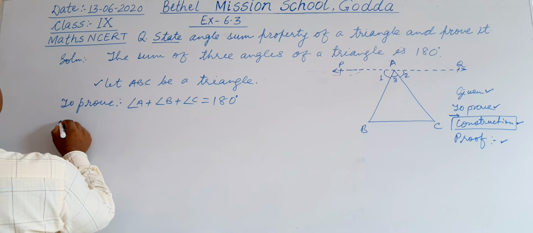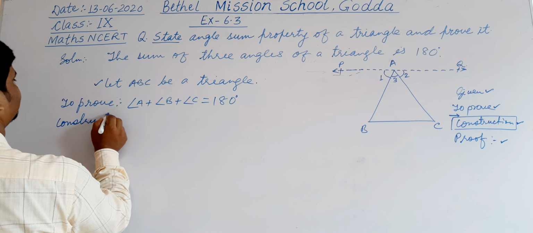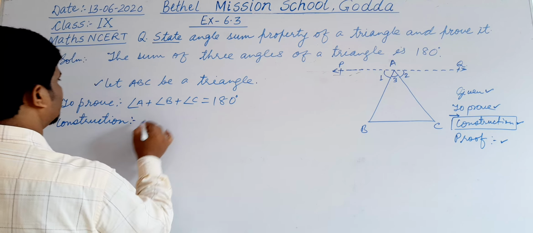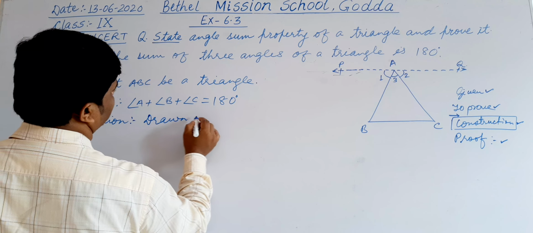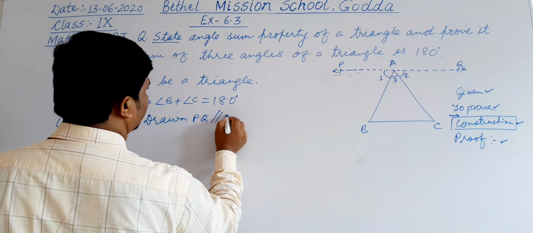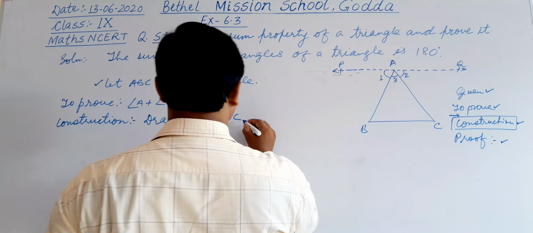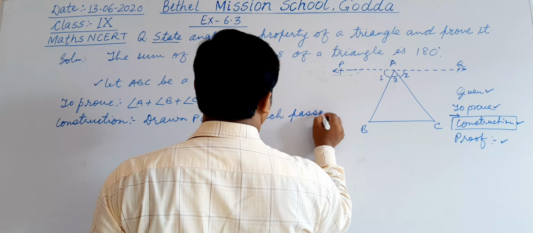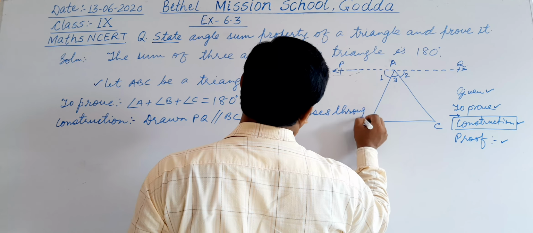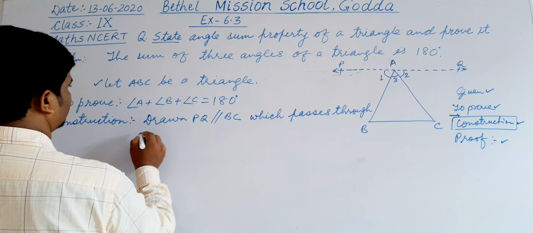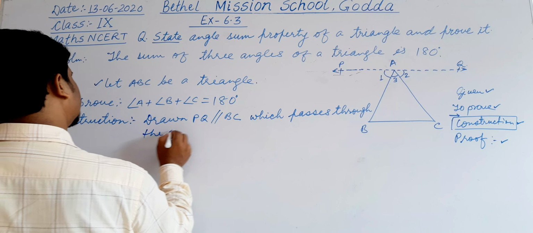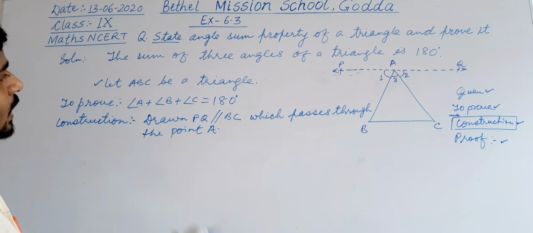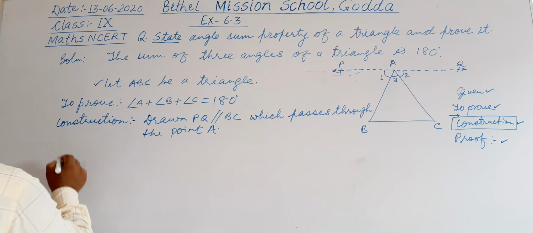Then construction is there, so we will write here construction: drawn PQ parallel to BC, which passes through the point A. After that, prove.